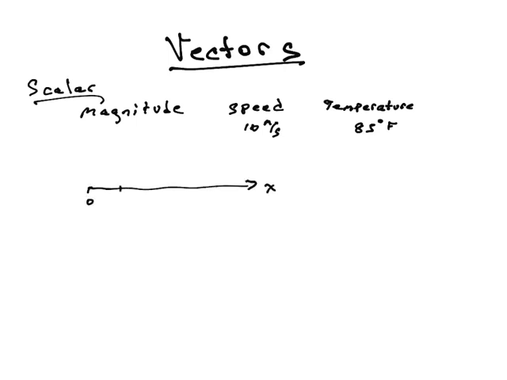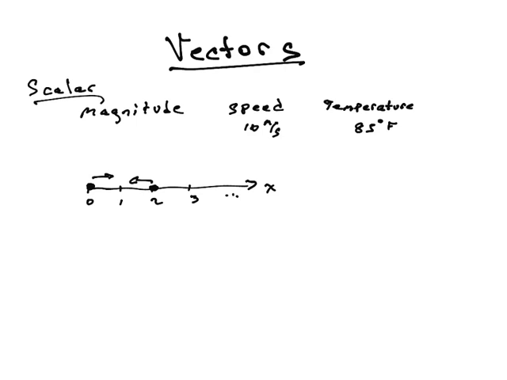Here's 0, 1, 2, 3, and so forth. You might have a particle at the 0 location, and it moves over to the 2 spot, and then maybe it moves back to 1 and so forth. You're describing its motion in one dimension. It's moving left and right, only in the x direction.